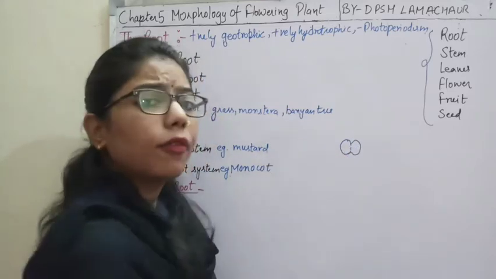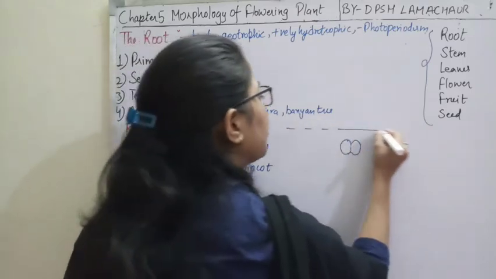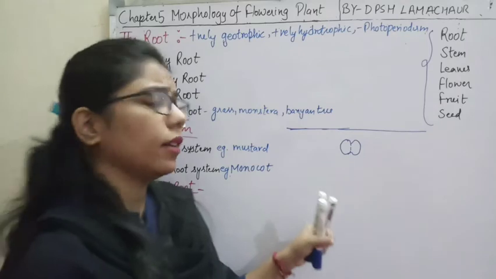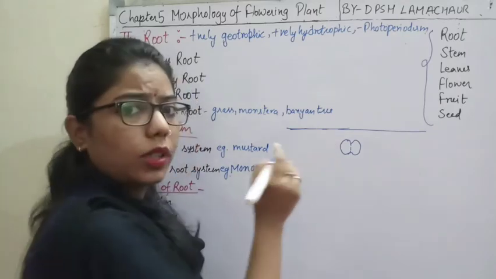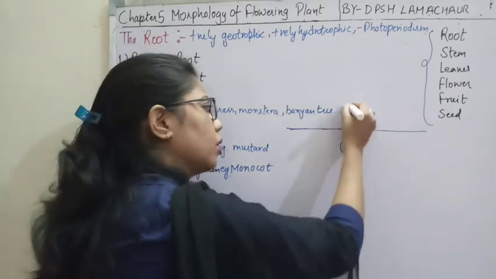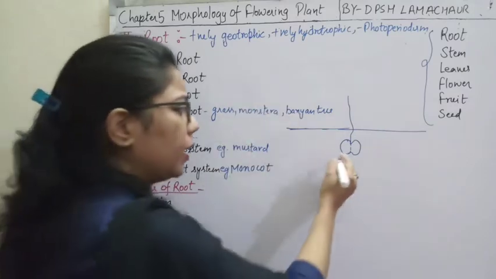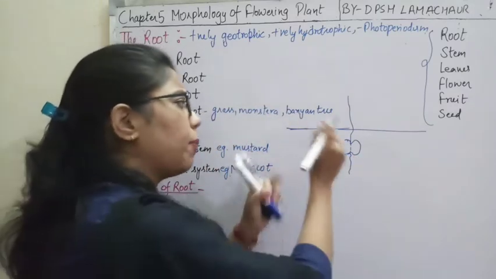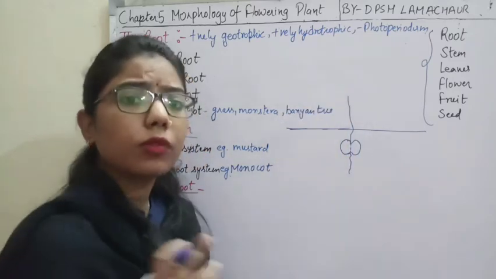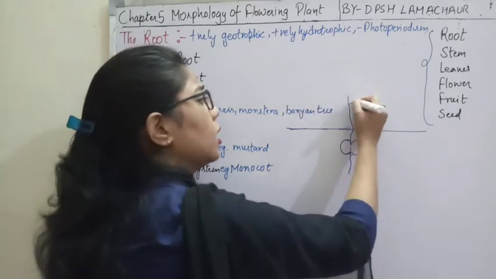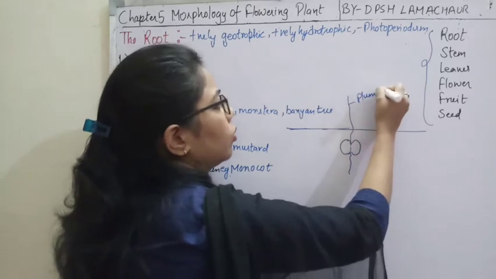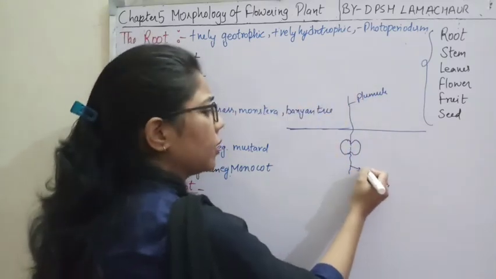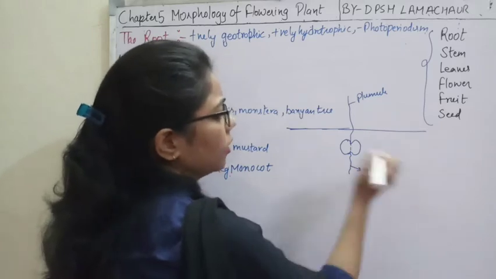When we sow the seed in the land, it will give rise to some above part and some below part. The above part is known as the plumule, and the lower part we will say radicle.